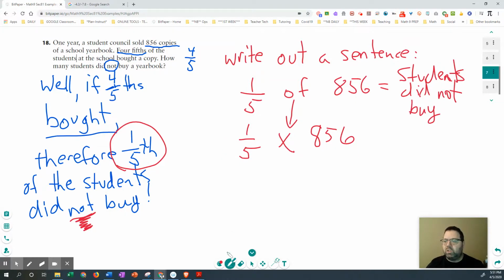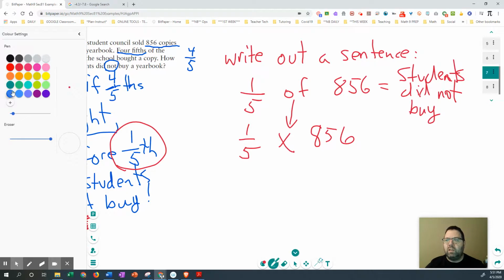If you want to go ahead and convert this, I'll do this in this fluorescent green. So over here, if you prefer to say 1/5, Mr. Smith, isn't that the same as 0.2? And the answer is yes. If you'd rather just go 0.2 times 856, yes, you will get the right answer for sure.